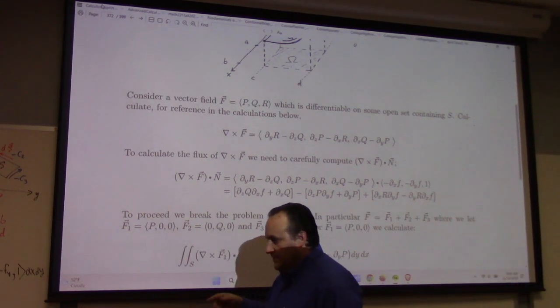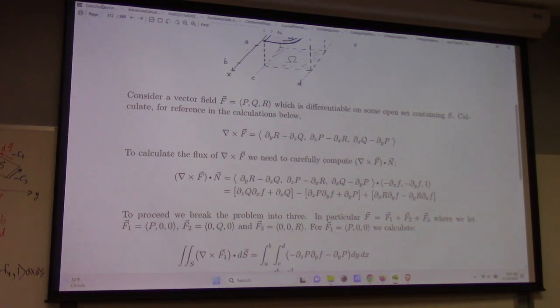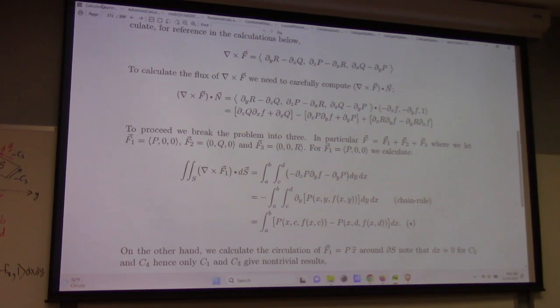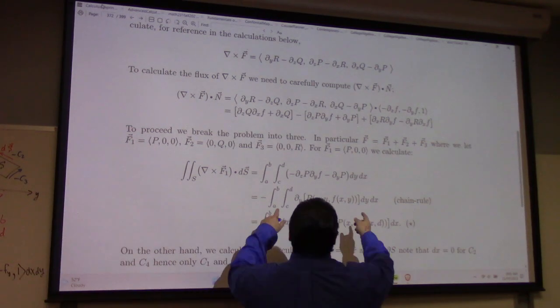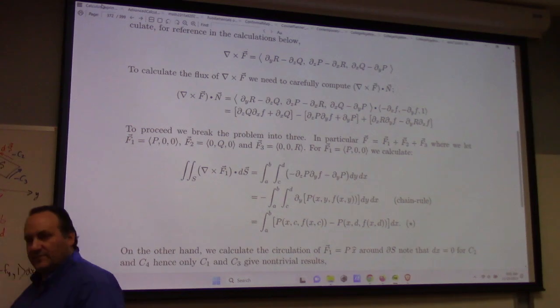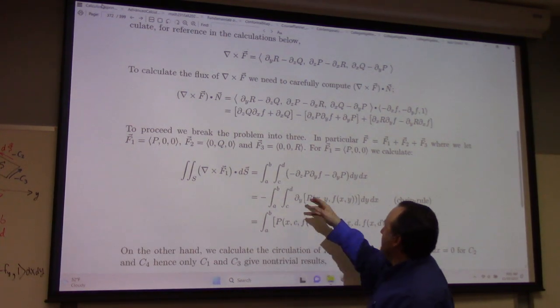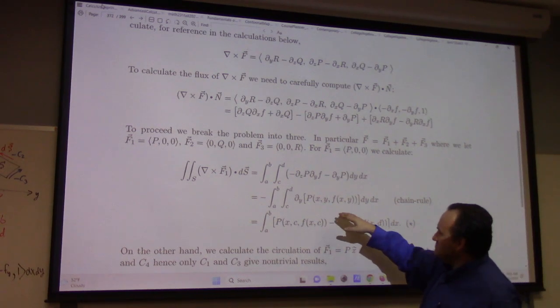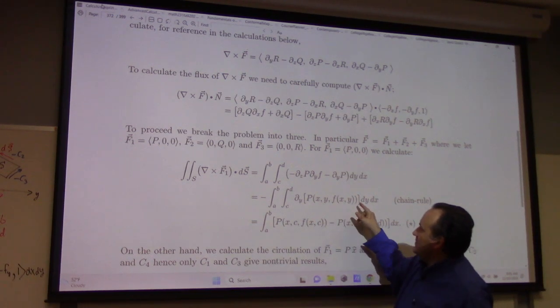So for the F1, when we calculate the part of the curl that comes from P, it's just that piece right there. So we have, this is from the curl. We have just these two terms that appear from this dot product. They're just two terms of the 6 total terms that appear there. And then if I actually carry out this integration, well, first of all, I have to do a chain rule.